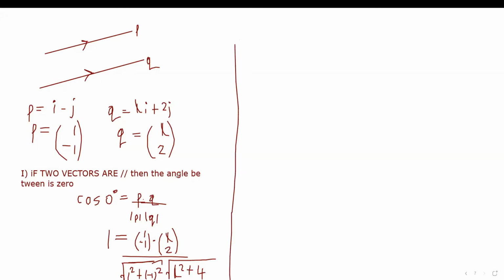So following that now, Marika, 1 is equal to, working out the dot product, 1 times lambda, which is lambda, minus 1 times 2, that's lambda minus 2, over 1 plus 1 is 2, so that's the square root of, I'm just going to put it as one big square root, 1 plus 1 is 2, 2 times lambda square, so that's 2 lambda square plus 2 times 4 is 8.